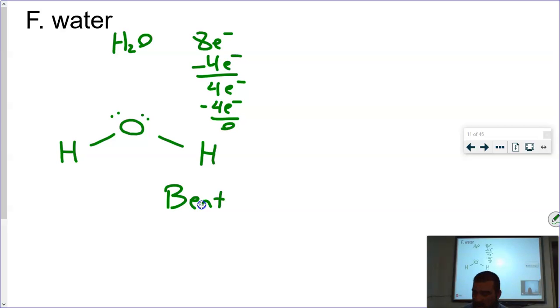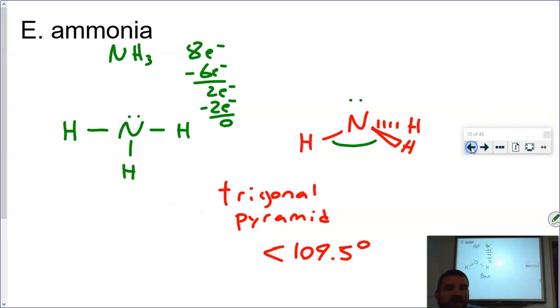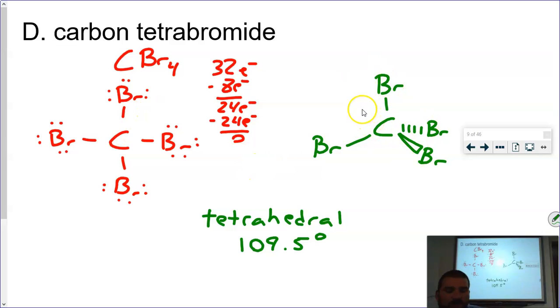So the electron geometry of this molecule would start as this tetrahedral arrangement. Water, or the lone pairs and the atoms in water around the oxygen, will make this shape.